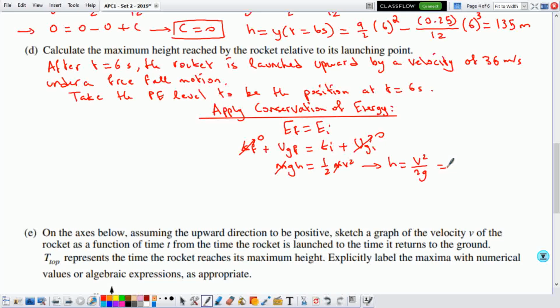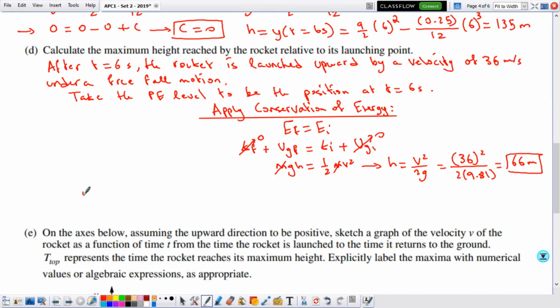Now the speed at 6 seconds, which is my initial instant, is 36. That would be 36 to the power of 2 divided by 2 multiplied by 9.81. Plugging that into the calculator, we're going to have a height of 66 meters. Then 66 meters would be added to 135, which represents the total height during the two phases.